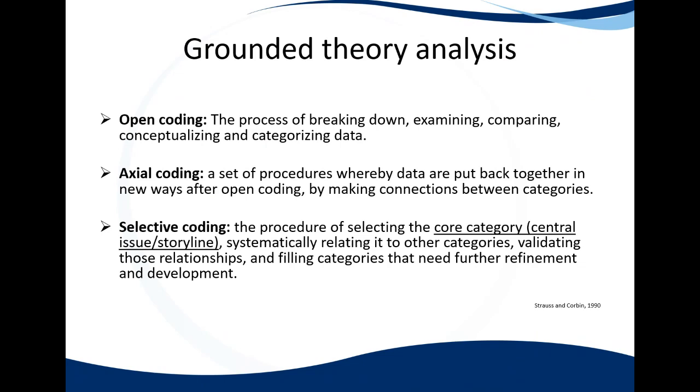Okay. And then selective coding is the procedure of selecting the core category. So what is the core category that's coming up for you? And this is very critical, because this is where the theory starts being built up, if you will. So the central issue, the central storyline. And so you systematically relate this to the different categories.